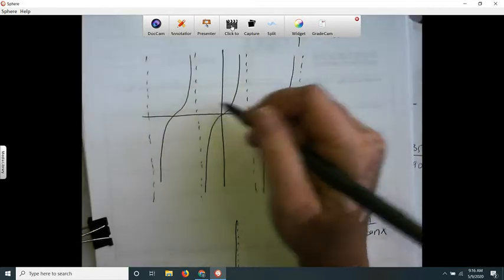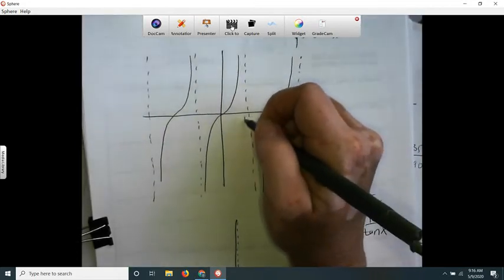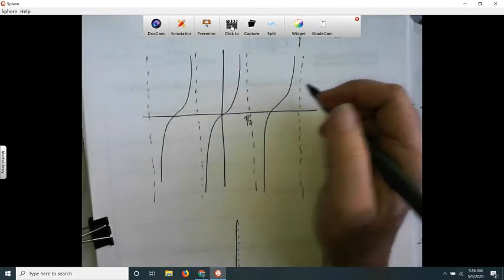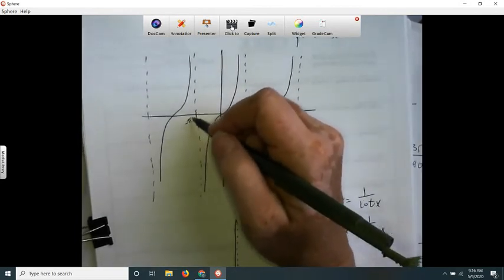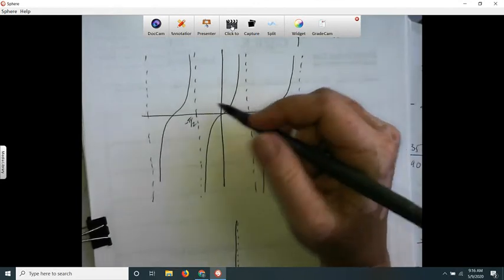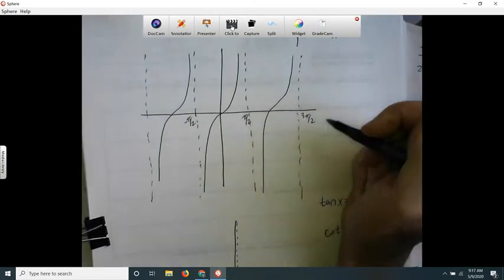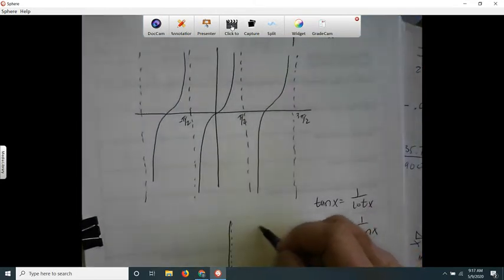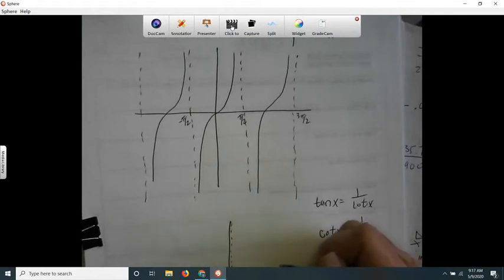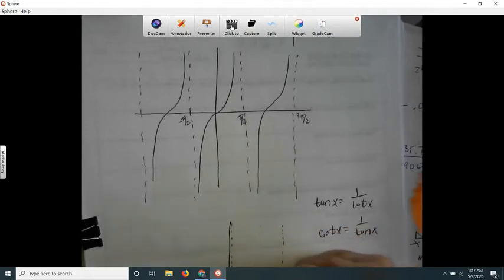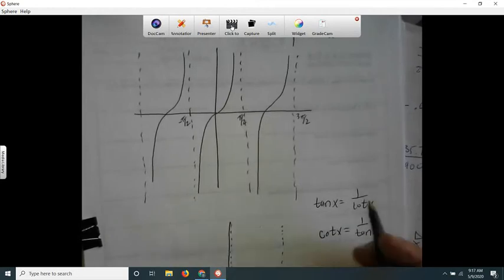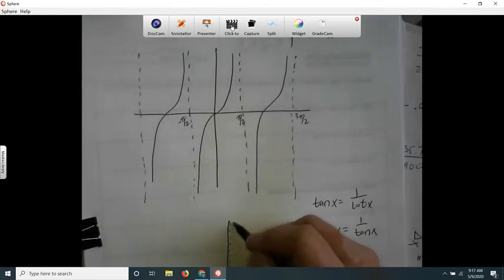This is pi over 2. This is negative pi over 2. This would be 3 pi over 2. This is pi. This is pi over 2. And cotangent is going to go this way.